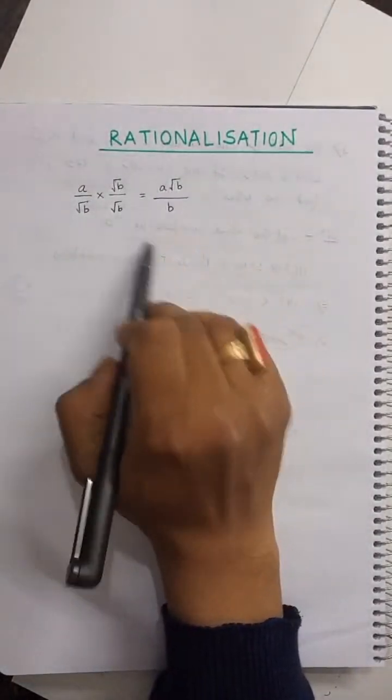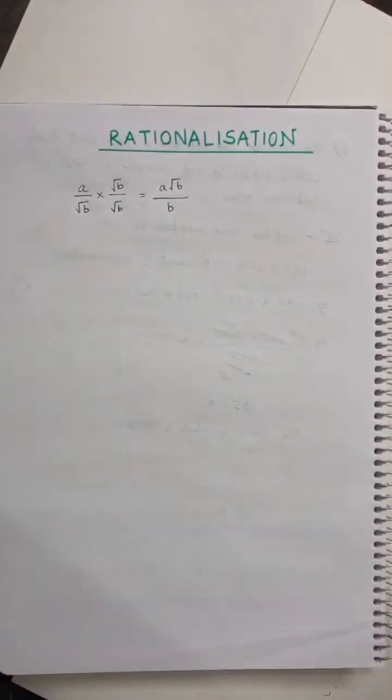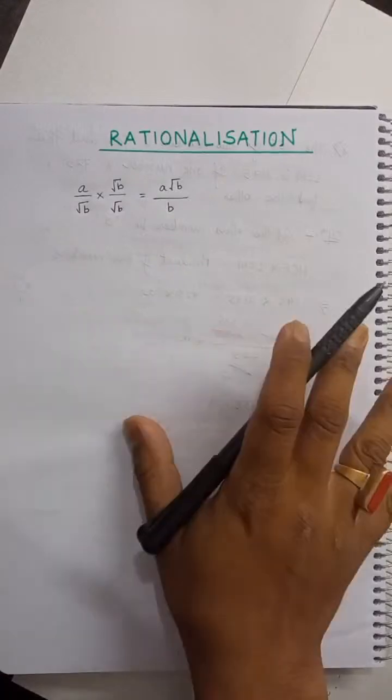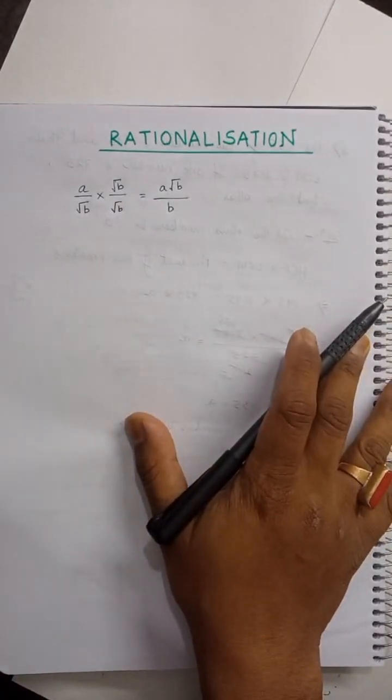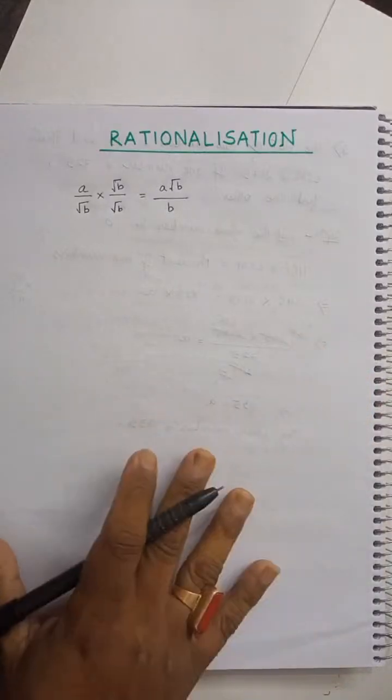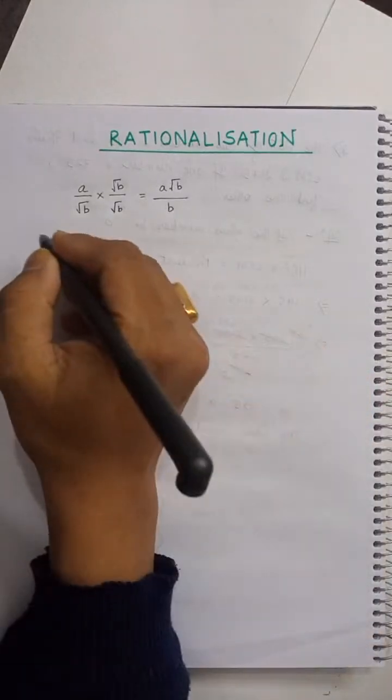So now in this value the denominator has been rationalized. In fact, this is what my thumbnail also says. This is just a general idea of rationalization. Fine, so this is very simple. We'll just proceed with examples.